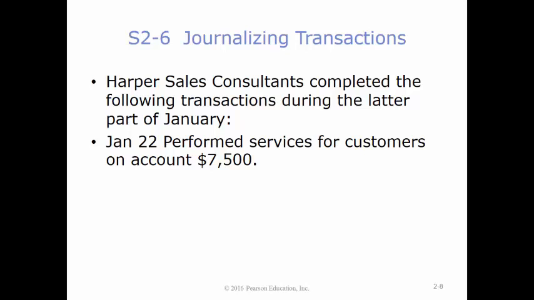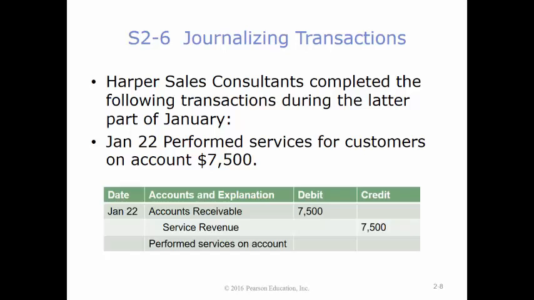So our debit would be to accounts receivable, and the credit would be to a revenue account since we perform services, so it would be service revenue. So our transaction would be a debit to accounts receivable $7,500 and a credit to service revenue $7,500.